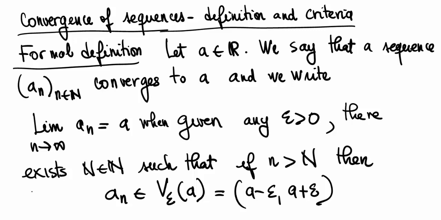What does that actually mean? Now I'll try to strengthen your understanding of this formal definition by illustrating what is really happening. So let us try to visualize a convergent sequence on the real line.